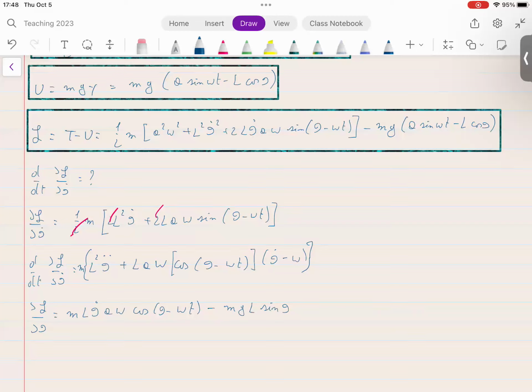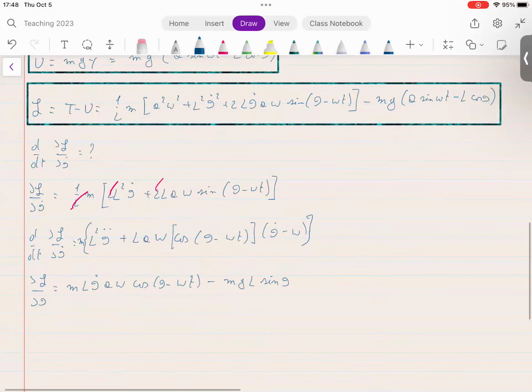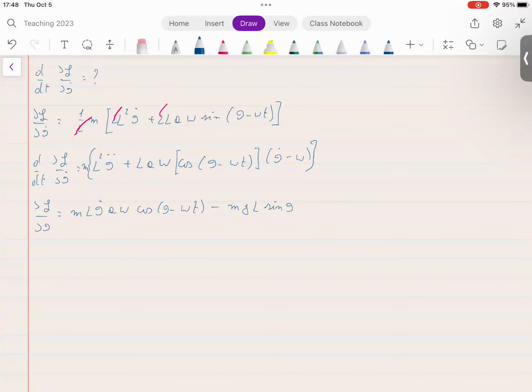Now, I see that there is a mass everywhere, so I can divide everything by the mass. I can actually also divide by L. So let me do that. And I find that L theta double dot plus A omega times theta dot minus omega times the cosine of theta minus omega t.